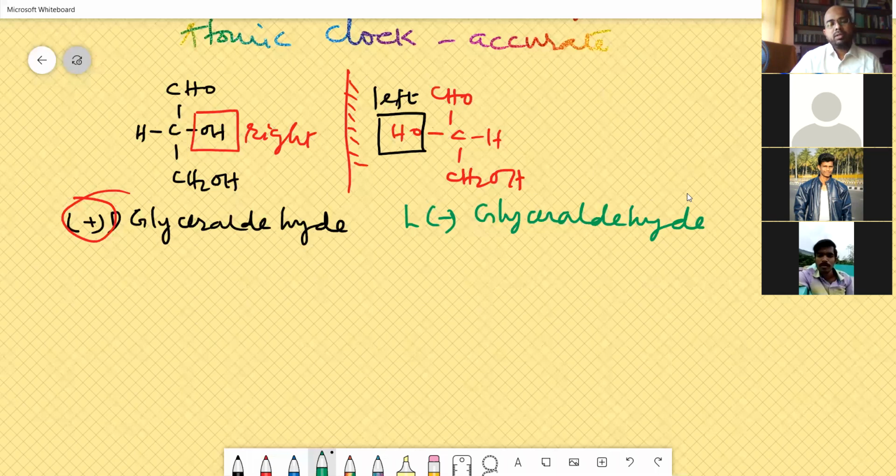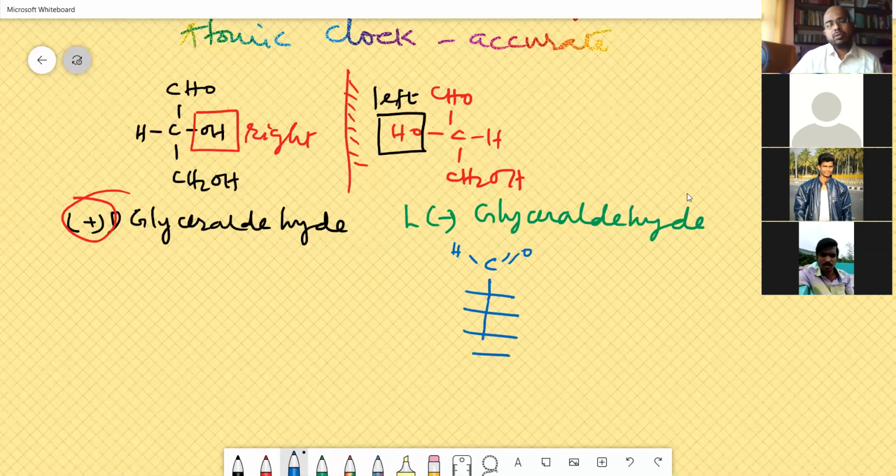So what we do is we draw the structure of glucose. For example, I'll just put a simple structure of glucose here: 1, 2, 3, 4, CH2OH. Okay, so I'll have one simple structure of glucose like this: OH, OH.